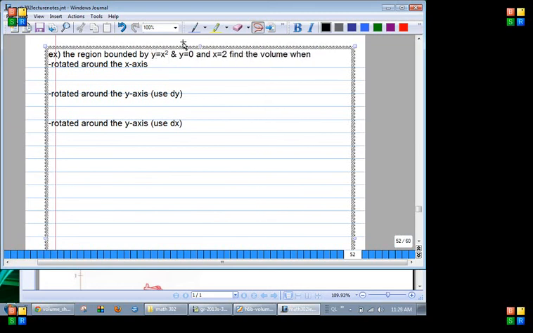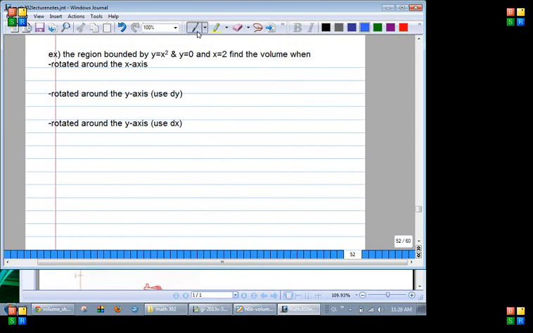There we go. So now I'm going to give you a couple different problems here. How do we find the volume when this is rotated around the x-axis and then rotated around the y-axis? So let's take a look. So rotate around the x-axis. How do we do that? What should we do?